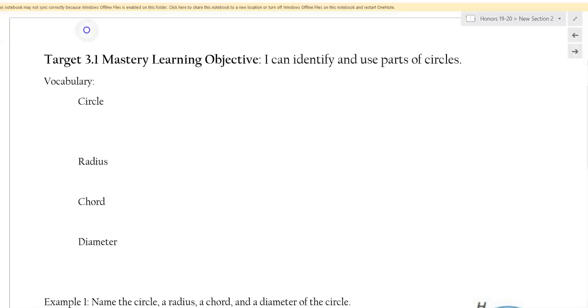So a lot of us know what the shape of a circle looks like, but what is the actual math definition, okay?